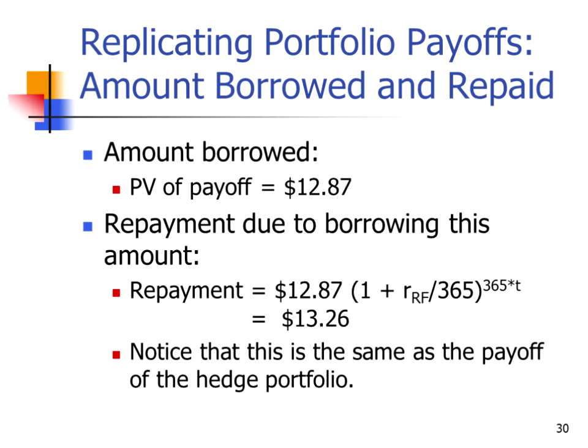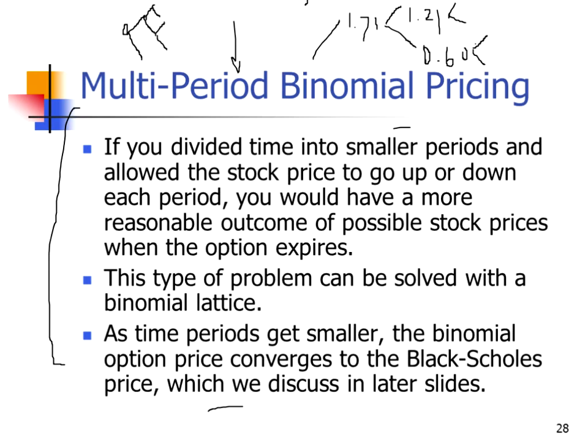So let's take an example. Hopefully this will help you understand. The amount borrowed is the present value of the payoff, which is $12.87, which we had calculated in the previous slide.